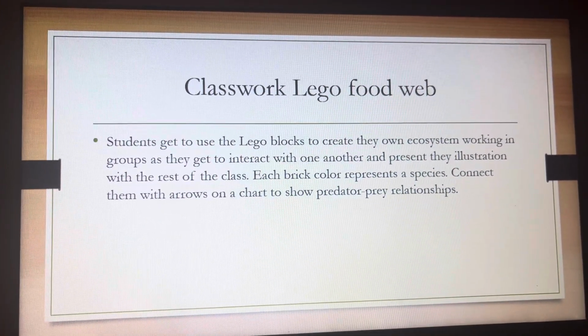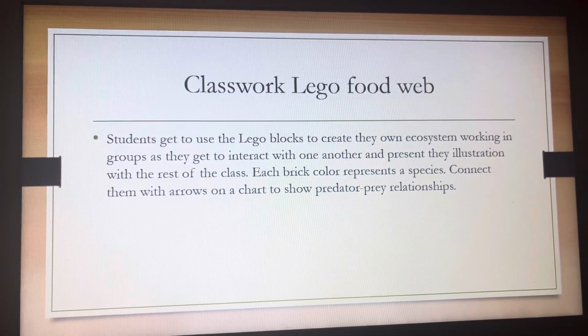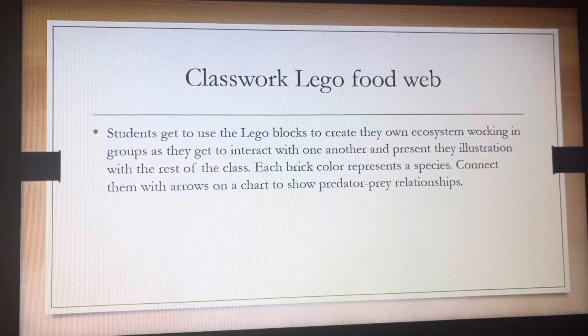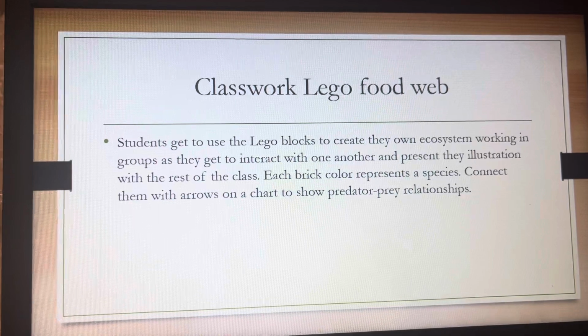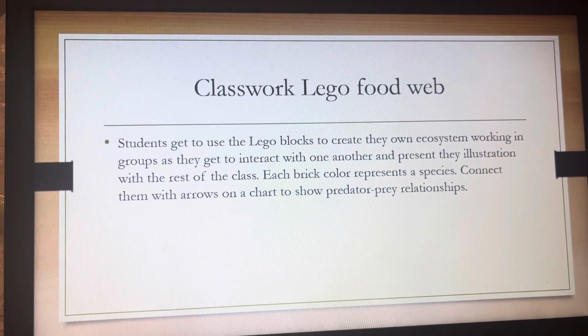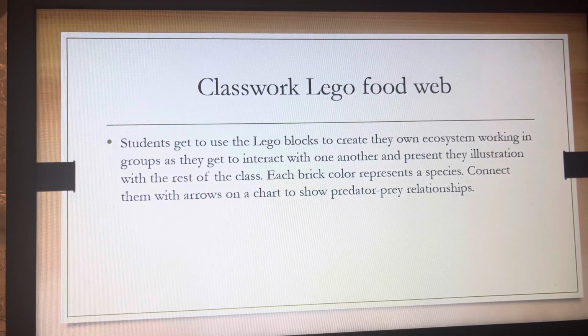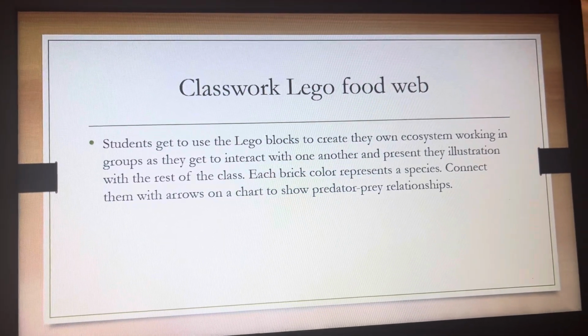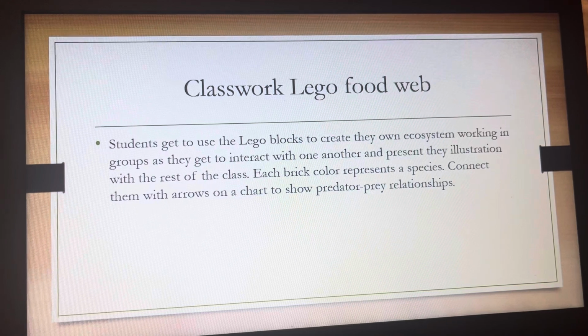This is when students and I get to work together. So they'll use the Legos to build the food web. Students now get to interact with one another to show understanding of what the lesson was about, and they get to present it to the rest of the class.